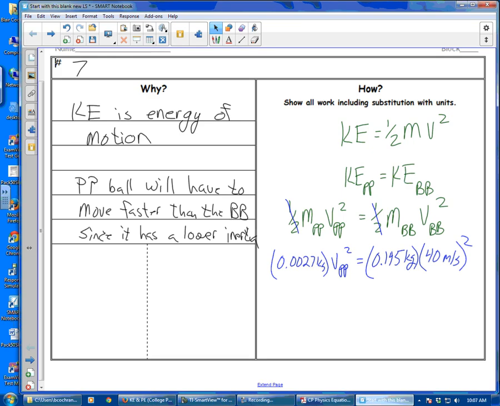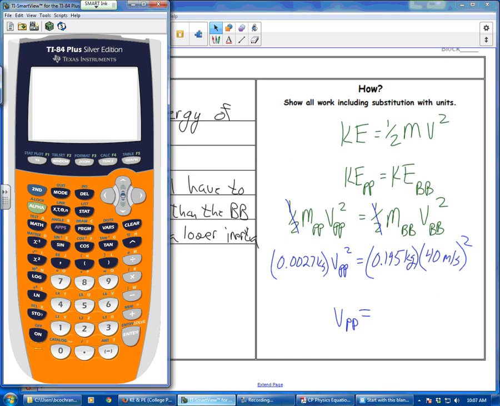And now just solve this, the speed of my ping pong ball. So let's see, mathematically, I'm going to figure out a number for my right side and then divide it and square root it. So I'm going to figure out that number for my right side. 0.145 times 40, and the 40 gets squared.